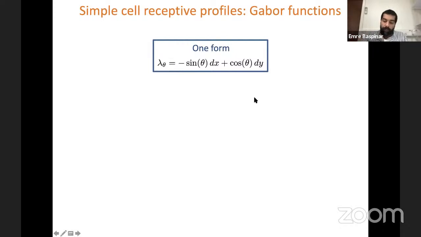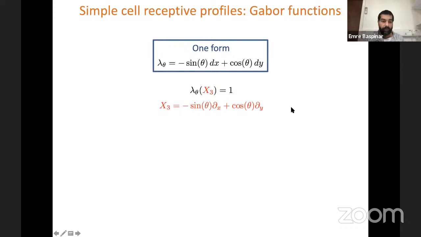This form is particularly important because it's the main mathematical instrument which models the orientation selectivity of the simple cells, since it gives its maximum response, which is the unit response, once its orientation angle parameter theta coincides with the direction of the vector field X3.